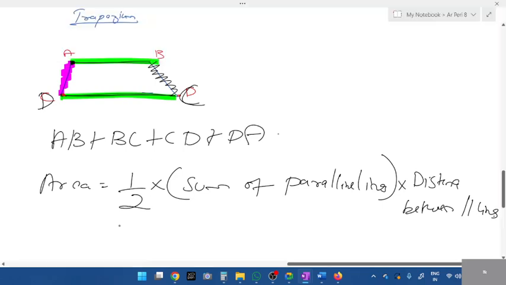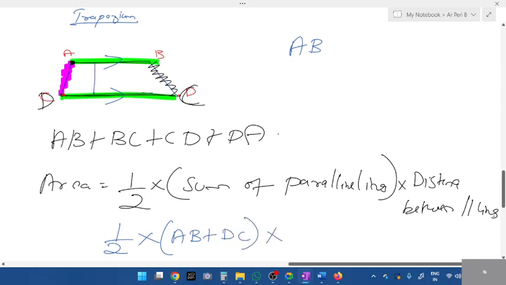It is difficult. I'll convert into a statement. Half into sum of parallel lines. What are the two parallel lines here? AB is one parallel line and the next one is DC. So sum of two parallel lines is, in bracket, AB value will be given plus DC, into distance between them.